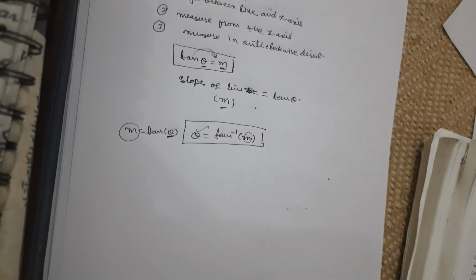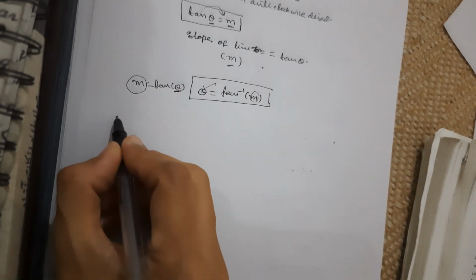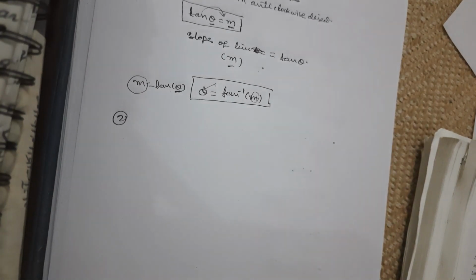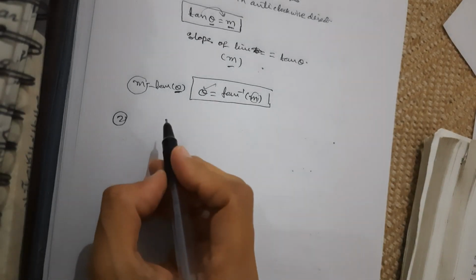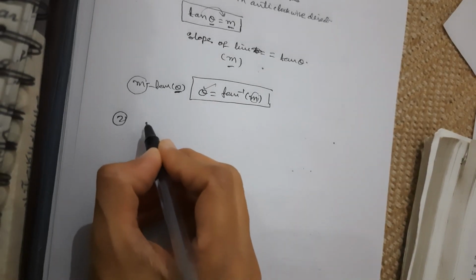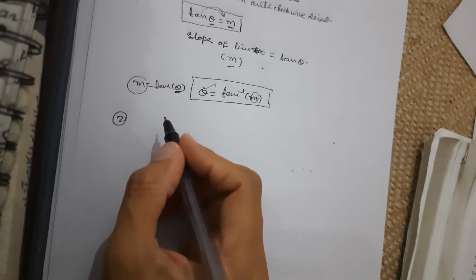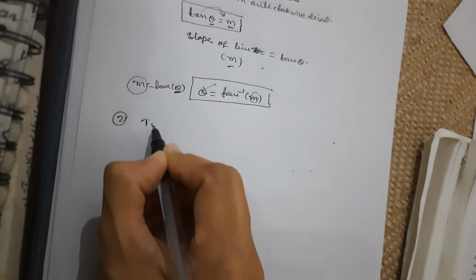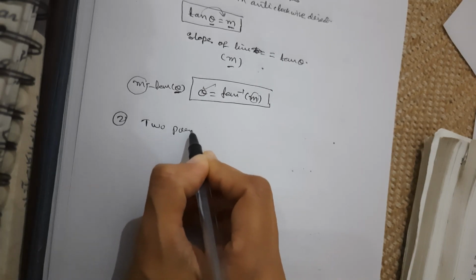Now the second thing we see, which is again important: if the angle of inclination is not given, but 2 points on the straight line are given, we use the 2 point formula for slope.